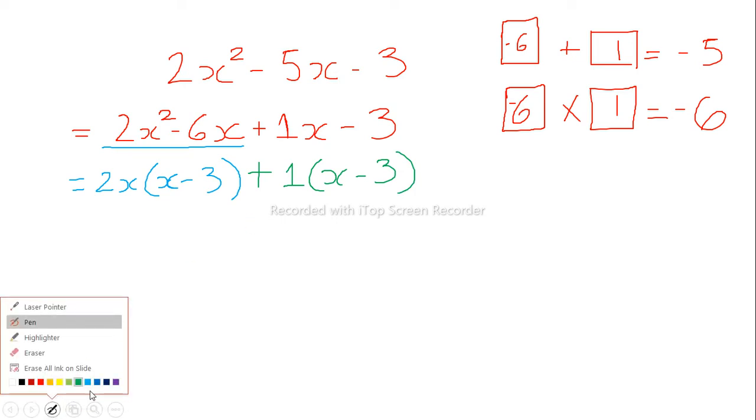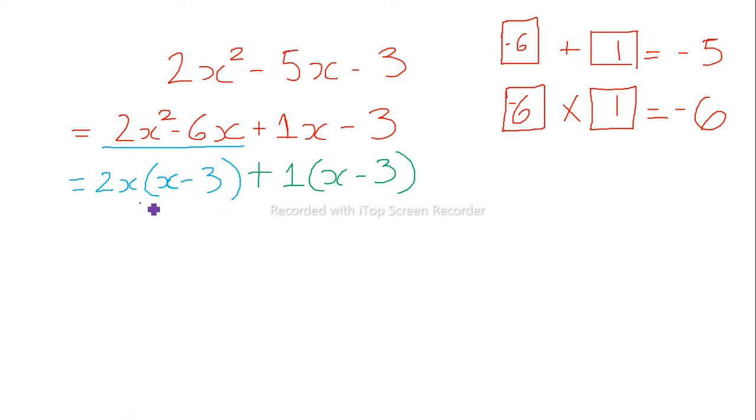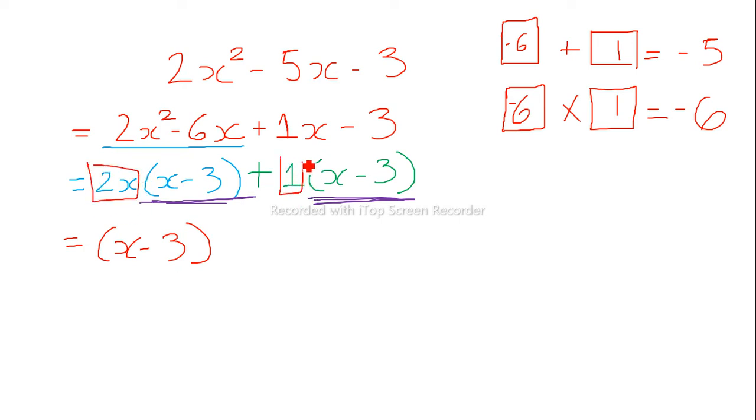Notice that this term and this term are the same, and so we are left with simply x minus 3 and 2x plus 1. So it's going to be x minus 3 times 2x plus 1.